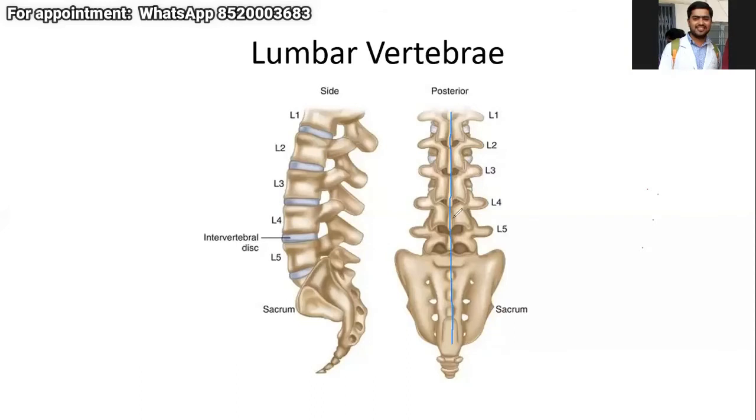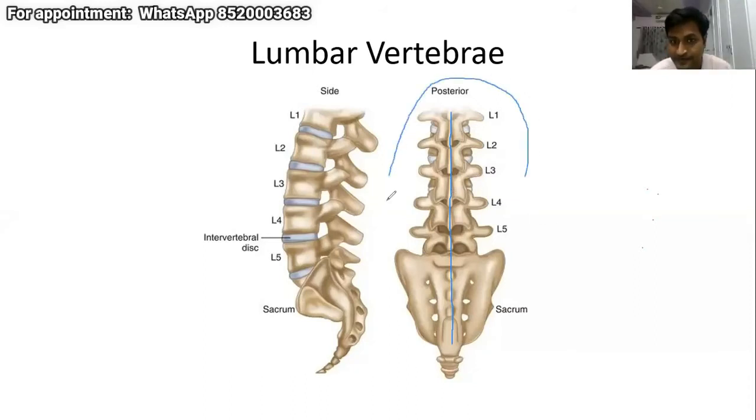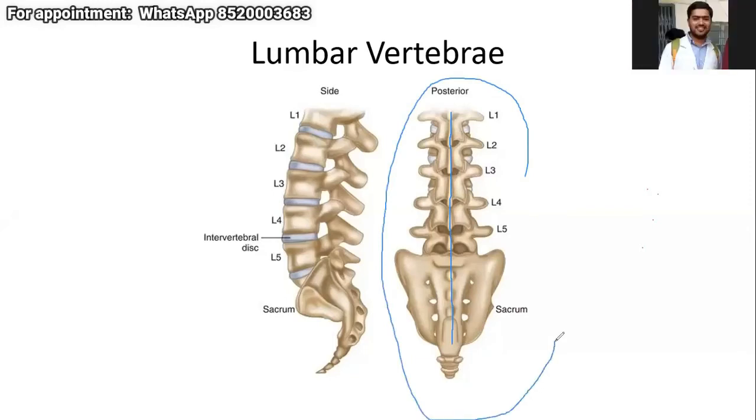Dr. Harsh, this picture I'm seeing, am I seeing the patient from the back, side or front? I'm seeing it from the back.